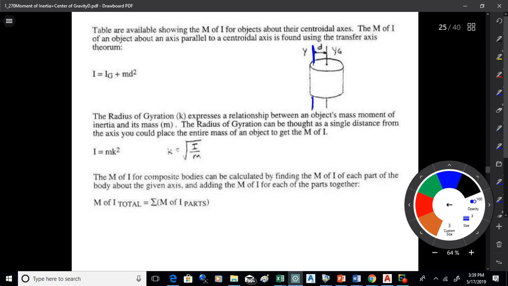In that case you use the transfer axis theorem. You take the moment of inertia about the axis through the centroid, then add a term to account for the offset: the distance squared times the mass. So I about that axis is I_G plus m d squared.